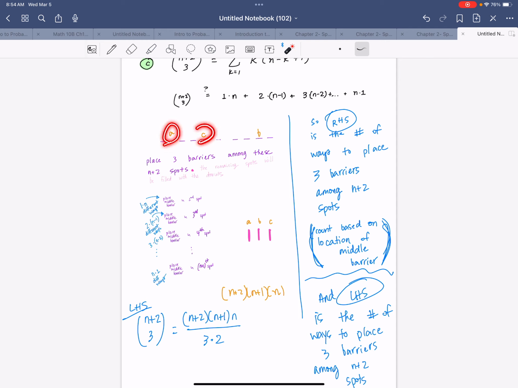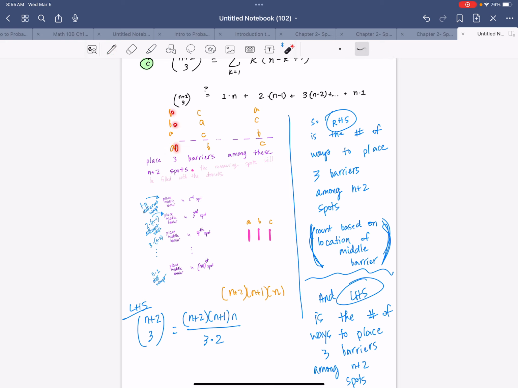Well, for each way, I've overcounted by 6 because there are 3 factorial different ways to arrange A, B, C. I could have ABC, ACB, BAC, BCA, CAB, CBA, right?